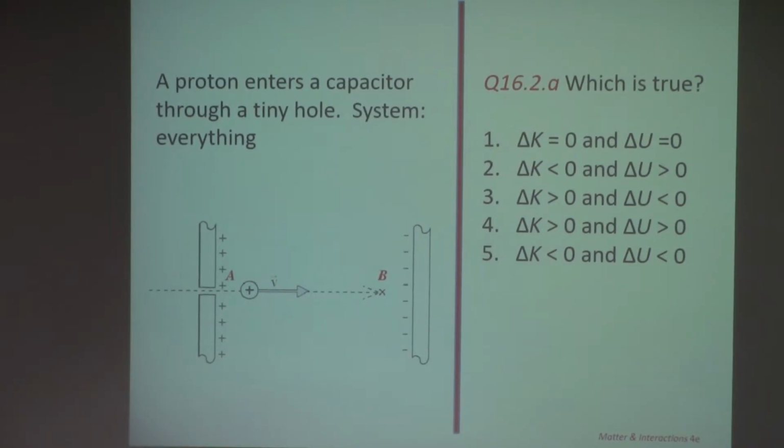So think about what you know about the electric field inside a capacitor. So here's our proton. What happens to the proton? If we choose the proton and the capacitor and all the charges on the capacitor and the electric field inside the capacitor as our system.